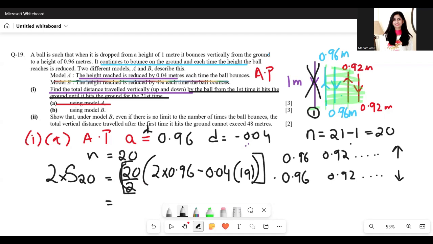Whatever is the answer, we do times 2. So this would give us 23.2 meters. So this was for model A. Now let's do the same, but this time we'll use model B.